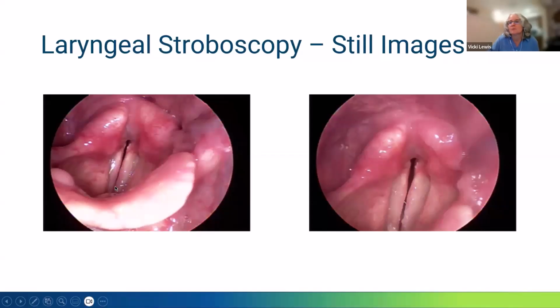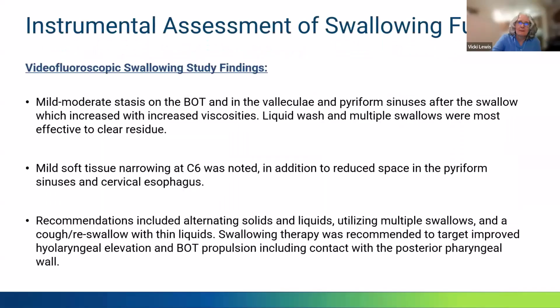This was his maximum glottic closure. He's got some posterior irritation here, possibly the beginning of some granulation tissue. And you can see too a bit of lateral compression of the ventricular folds there. So those were the still images from his stroboscopy.